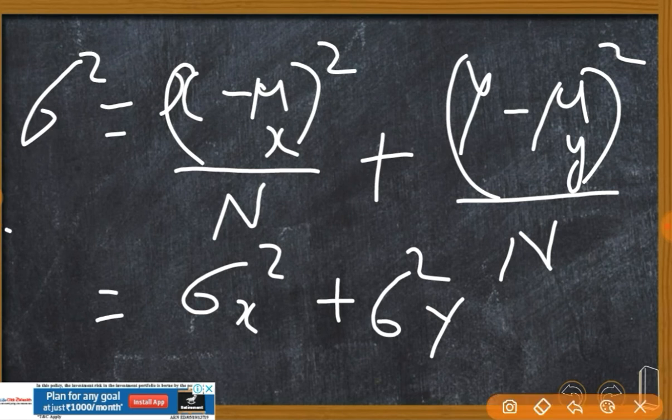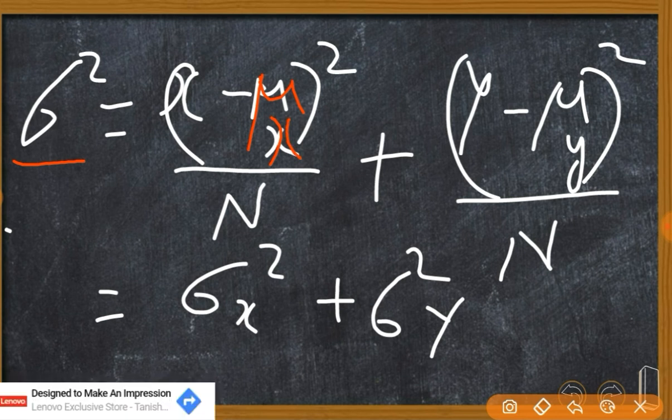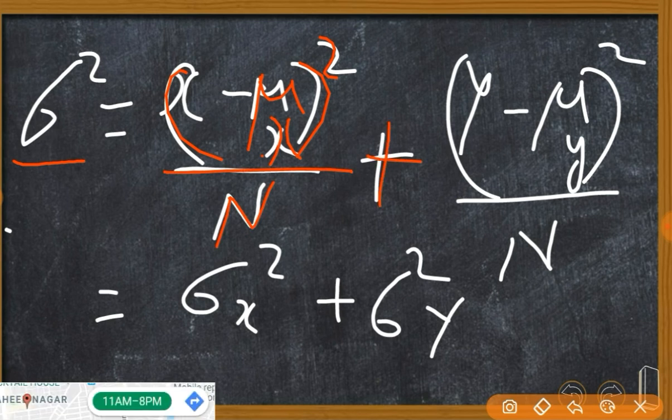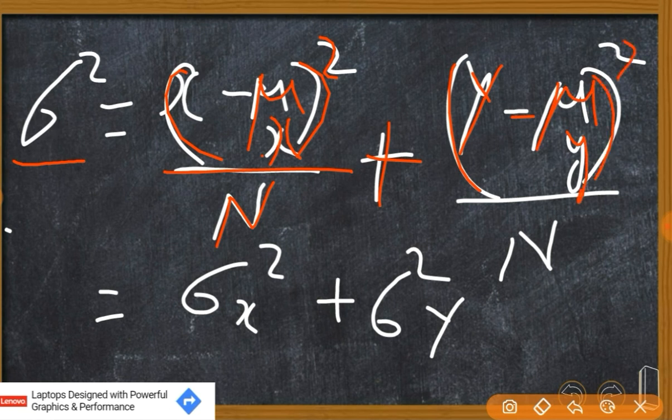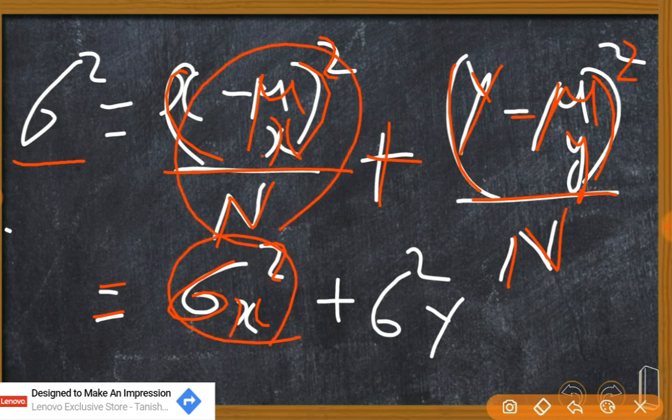Sigma square is equal to the sum of (x minus mu x) whole square by n plus (y minus mu y) whole square by n, that is equal to sigma square x plus sigma square y.